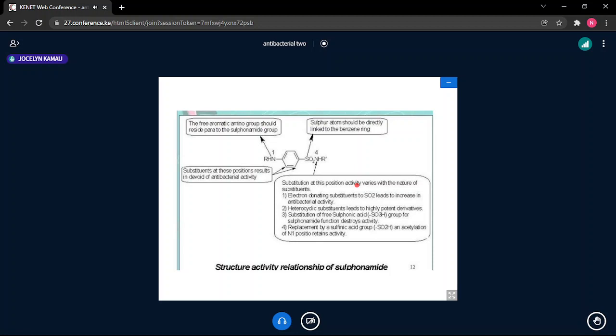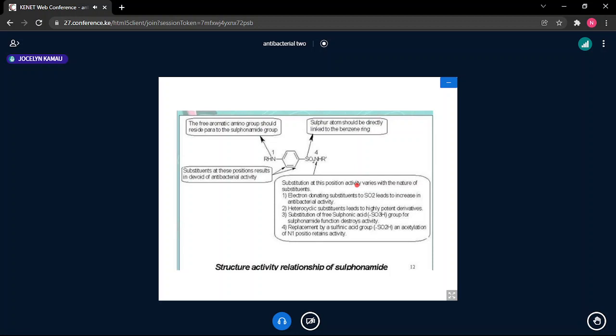Remember, when you stabilize an ion through resonance, that means the charge is shared. The charge is shared through several atoms, and the sharing of that charge through several atoms stabilizes the ion. So we are saying the negatively charged ion formed by the sulfonamides becomes stabilized by resonance because of the lone pair of electrons found on the heteroatoms within the heterocyclic rings that are attached to the nitrogen.